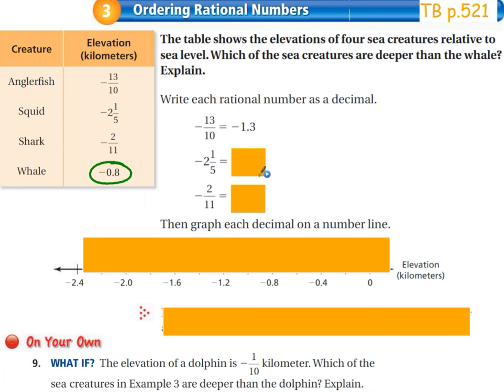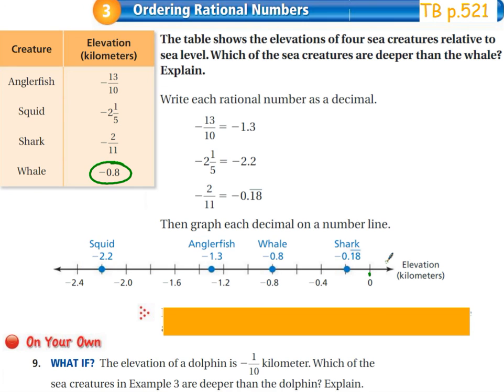So the first thing is to turn them all into decimals, and then we're going to graph each decimal on a number line. And on our number line here, we're starting at 0 because all of my numbers are actually negative. And then as we move to the left on the number line, we are counting by negative 4/10. So here's my number line.